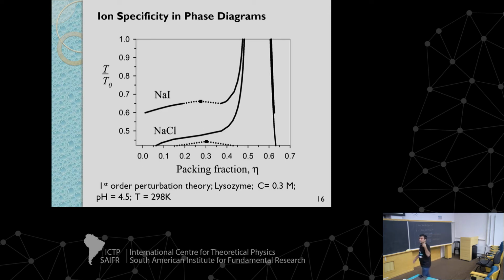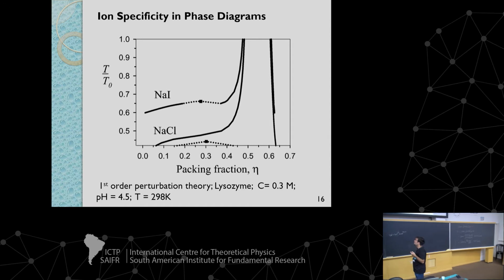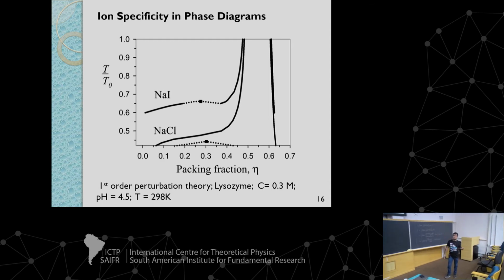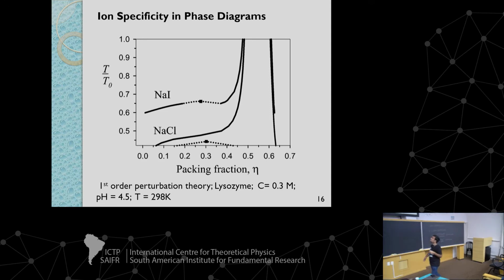And from the potential of mean force, by applying, for example, a first-order perturbation theory, we can calculate phase diagrams. So I present here, for example, a phase diagram for lysozyme at a fixed concentration of 0.3 molar, at the same conditions that I presented before.